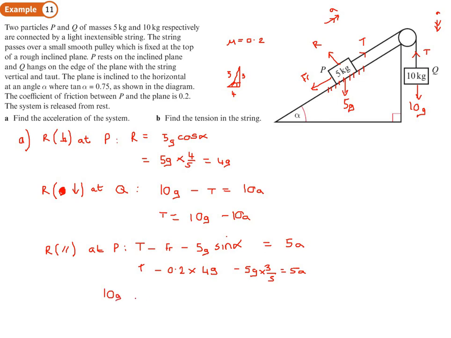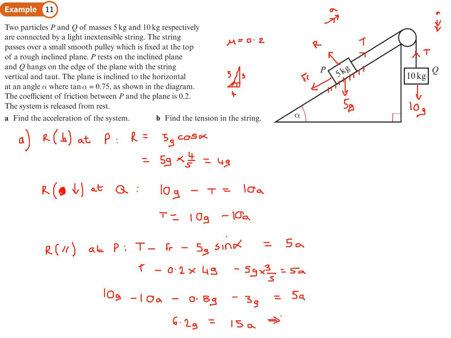So I've got 10g minus 10a minus 0.8g minus 3g equals 5a. So if I collect my like terms, 10g minus 0.8g minus 3g is going to give me 6.2g equals 15a.